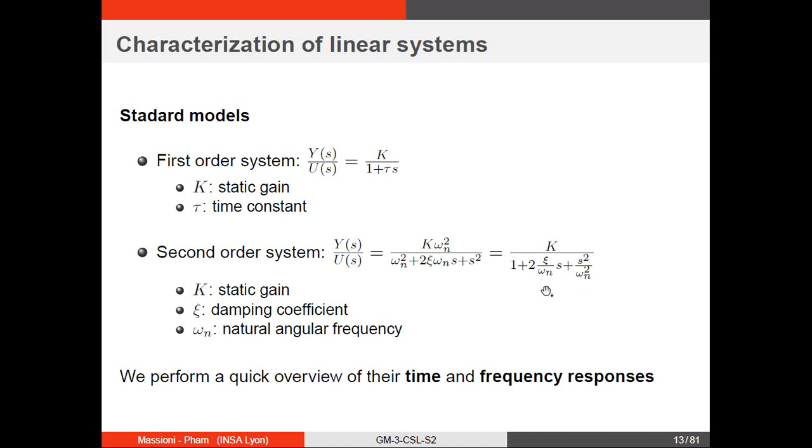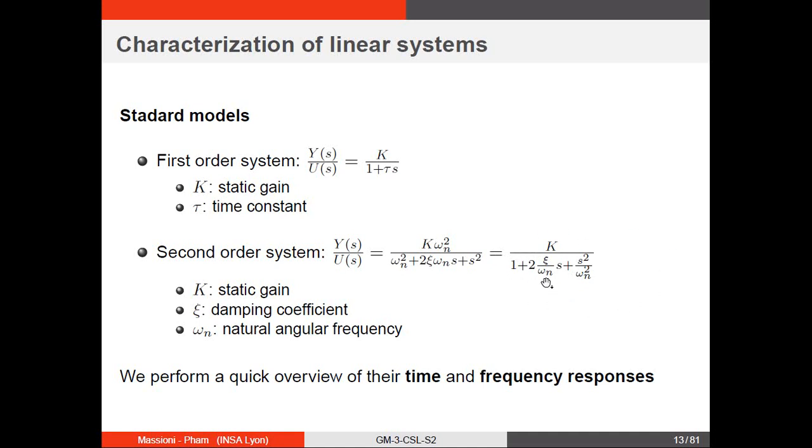You might have a coefficient, call it a1 here and a2 here. Well, this is equivalent to being expressed with two other coefficients, which we call psi and omega n. Psi is called the damping coefficient and omega n the natural angular frequency. Why do we do this? Because this helps to characterize the system a lot more quickly.